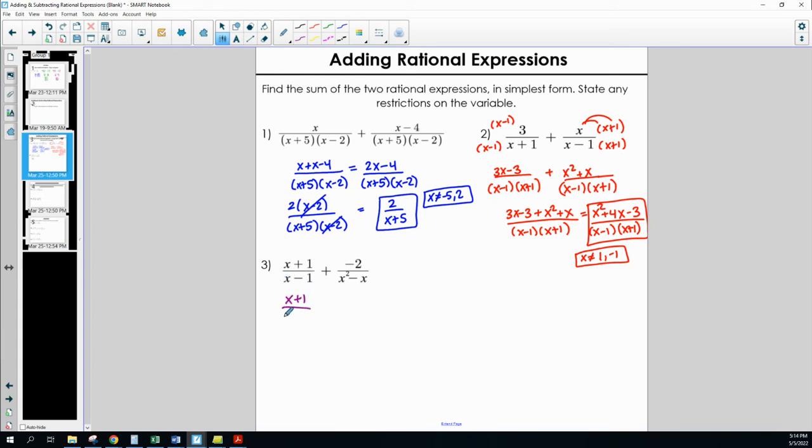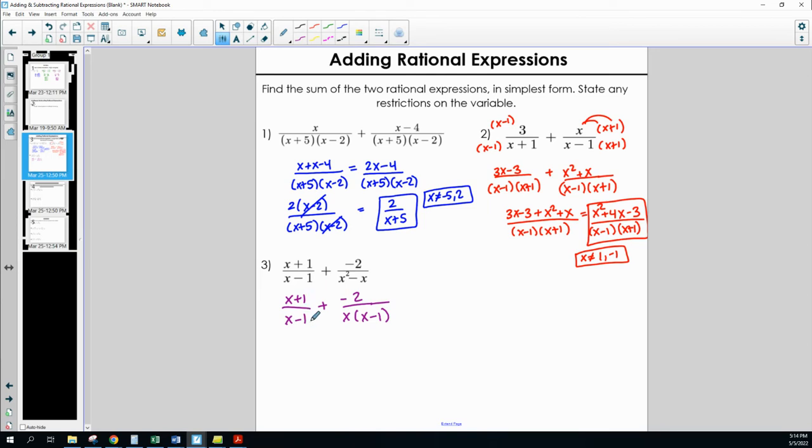This denominator of x minus 1, we can't do anything with that, so we'll leave it as x minus 1. For the second denominator, x squared minus x, we can pull out a GCF of x, and then we're left with x minus 1. By factoring the denominators, it will make it easy to figure out what each fraction has and what each fraction is missing.